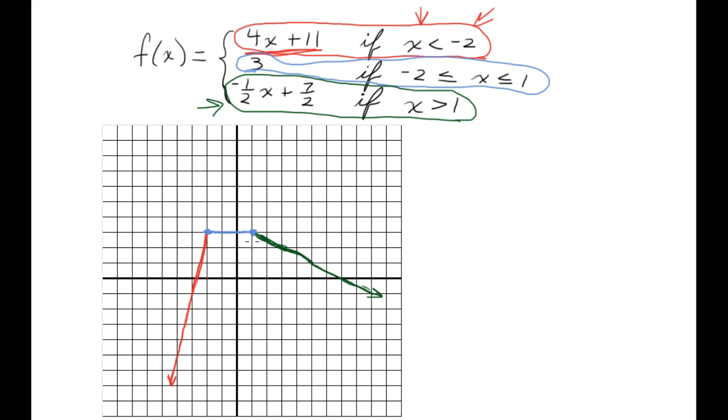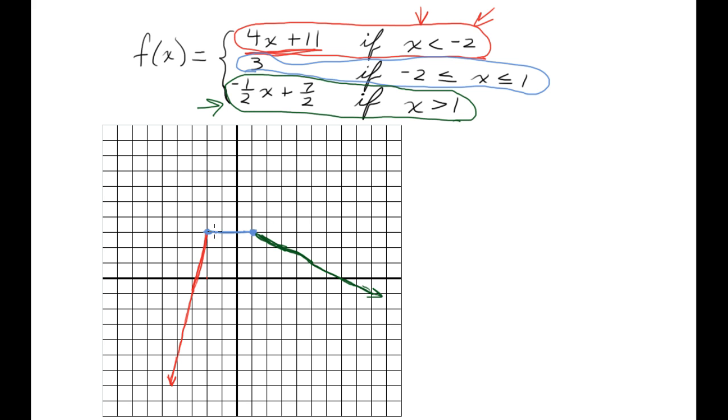And then of course the blue, that's a little bit easier to see. The function is just 3. That's it. It's kind of weird to think about, but the function is just 3. So if x equals 0, then the function is evaluated as 3. And when x equals -2, because it's including -2, then the function just equals 3. Now, one thing to note here.